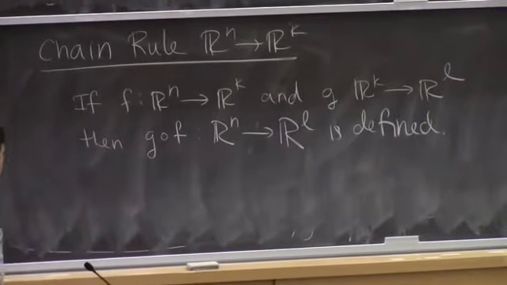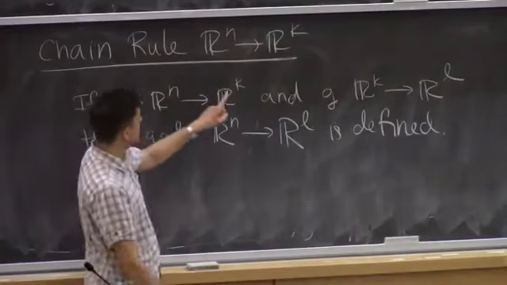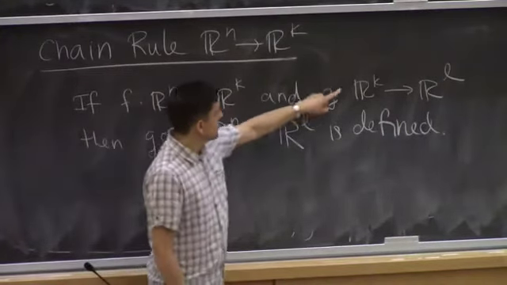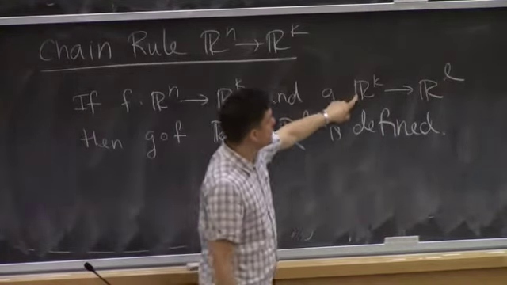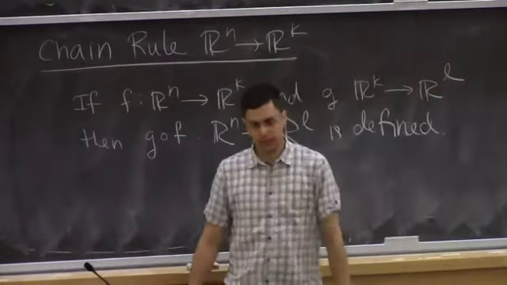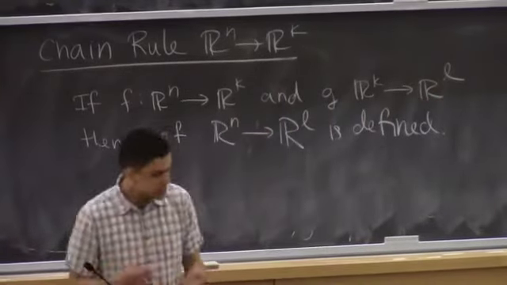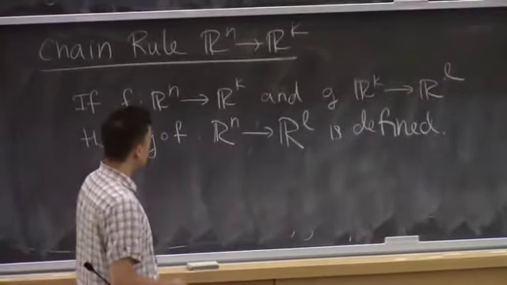We can take our n inputs, get k outputs, use those k outputs here, and then get l outputs. So we can piece together functions in this way.